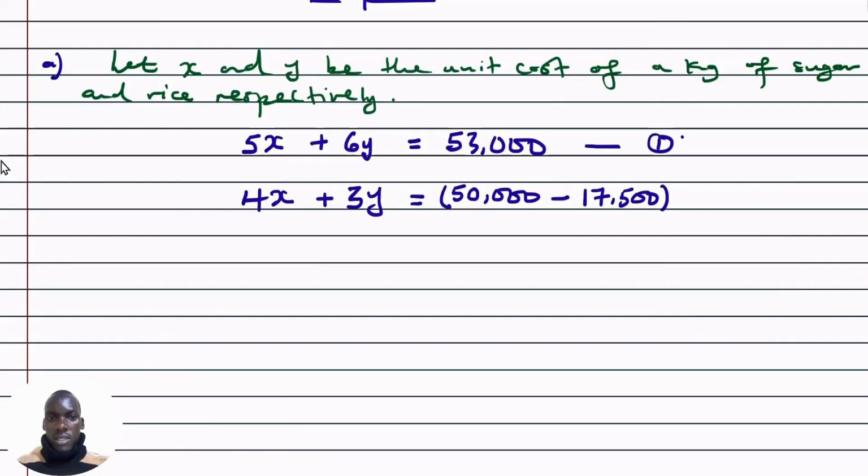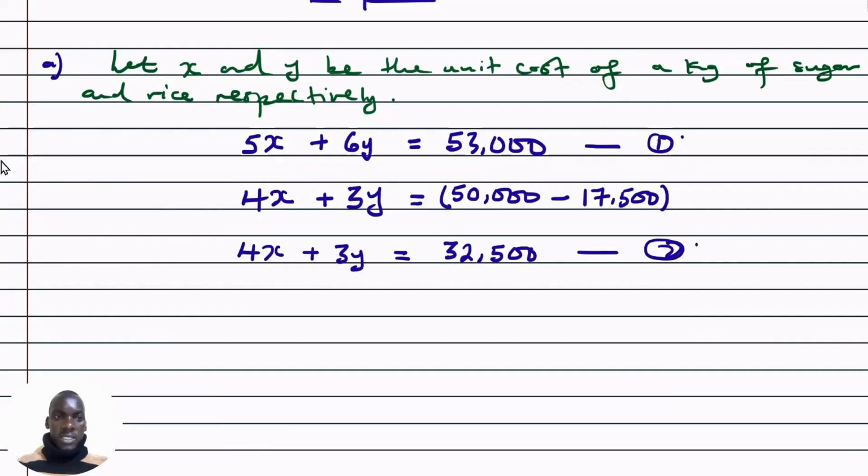So before naming this our equation 2, let us first simplify. This is going to be 4x plus 3y equals to, when I get 50,000 take away 17,500, I'm getting the result to be 32,500. So we can name this our equation 2.